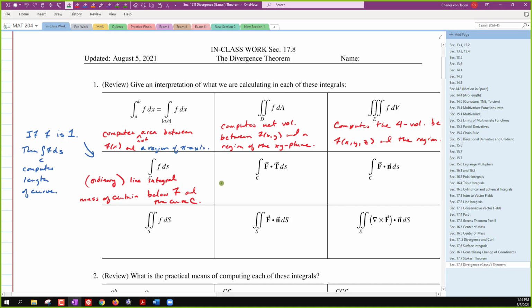This next integral computes the work done moving from A to B. So C is your path, and it computes the work done if you move the object from point A to point B. If closed, rather than calling it work, we prefer to call it circulation.